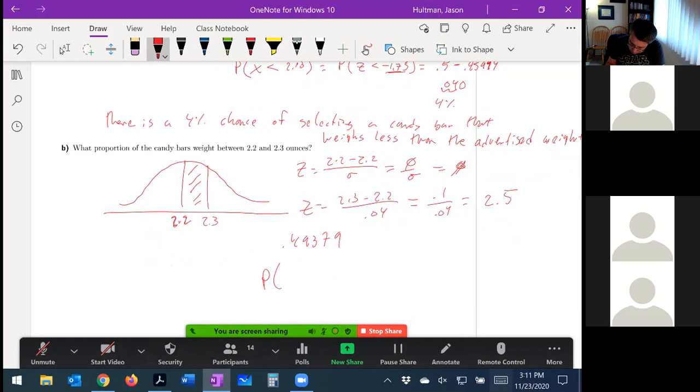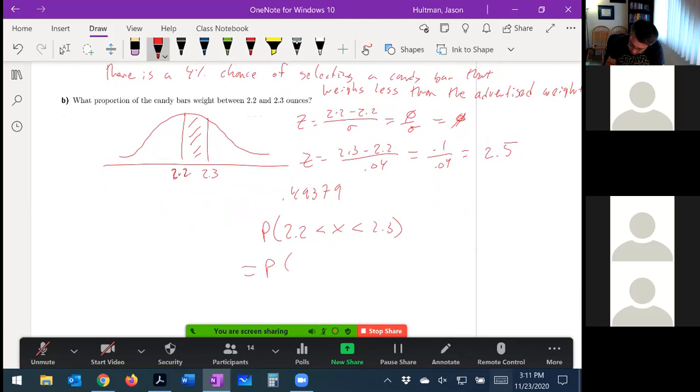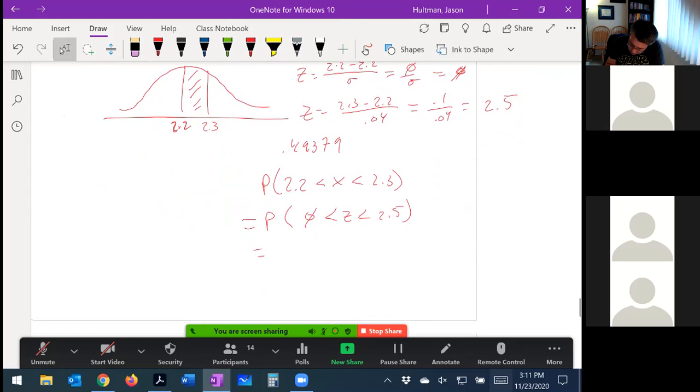We want the probability that we're going to get between 2.2 and 2.3, which is the same as the probability of going from 0 to z of 2.5. According to the table, that was 0.49379, which if we change it to a percentage and round, we get 49.4%.